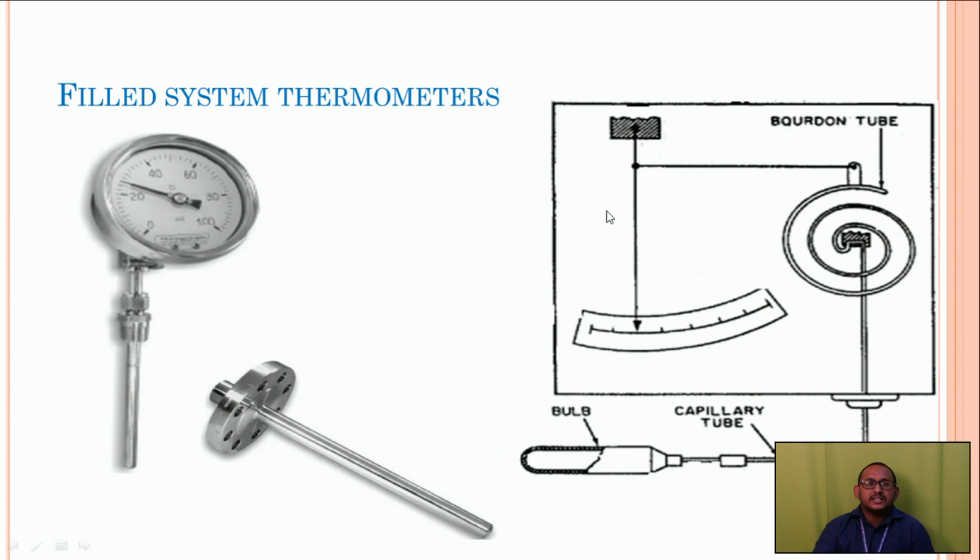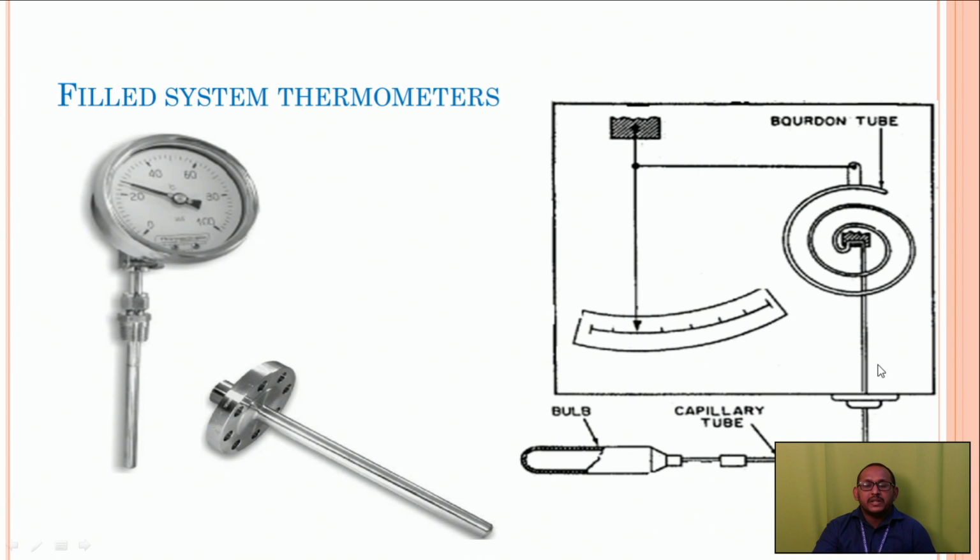This is the setup of the filled system thermometer. The bulb is filled with liquid, mercury or some other liquid, and then the bulb is attached to the capillary tube.